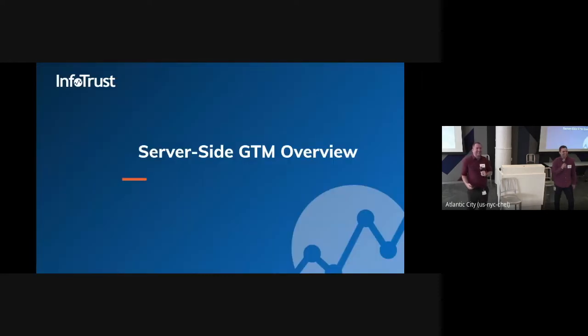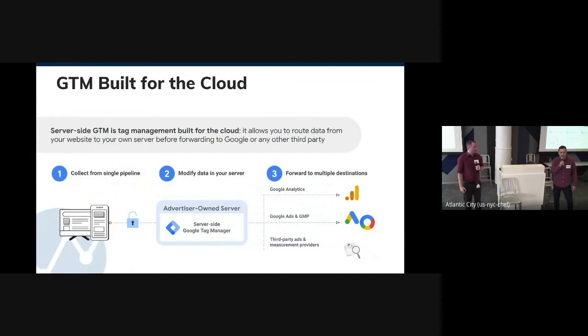Okay. So hopefully we helped illustrate the problem. And now let's get into what server-side does, how it works, and how it can help solve this. At its core, server-side GTM is Google Tag Manager, but built for the cloud. It allows you to route your data from your website to your own server first before forwarding it on to any third party, whether it's Google, Facebook, et cetera.